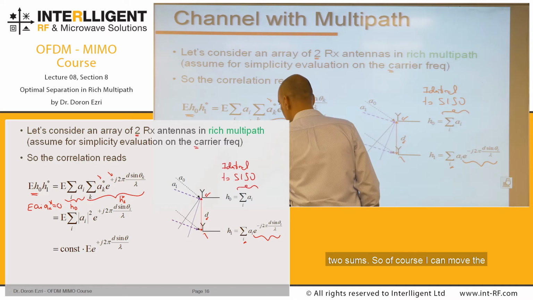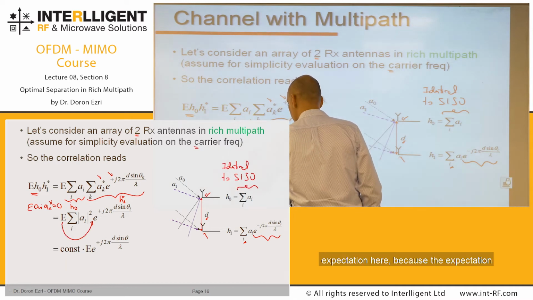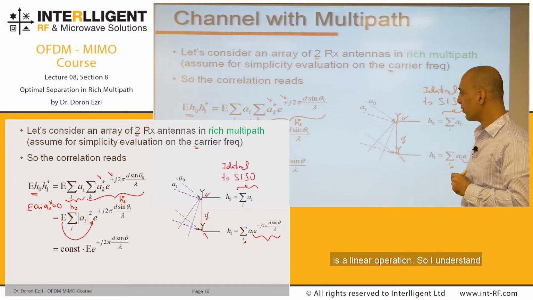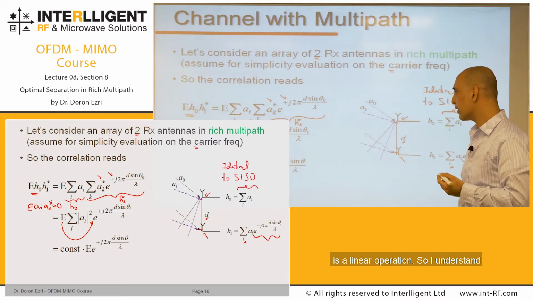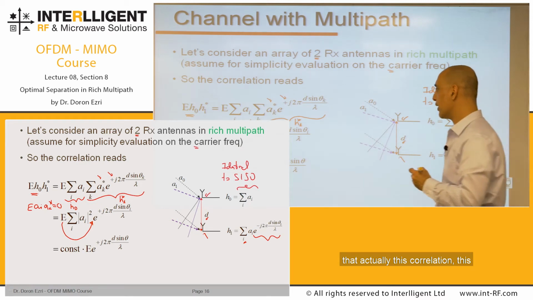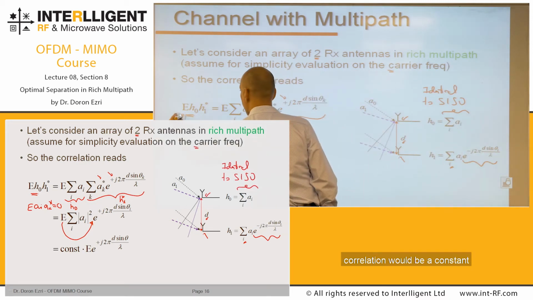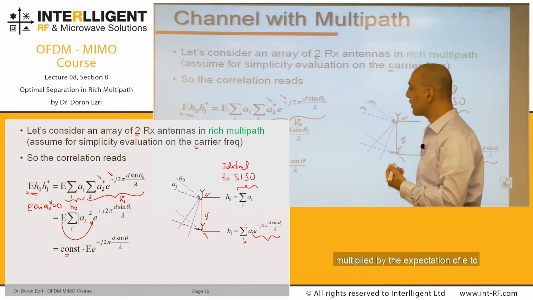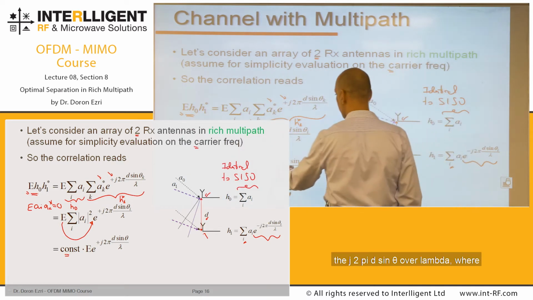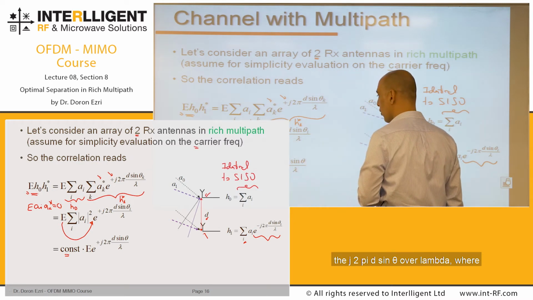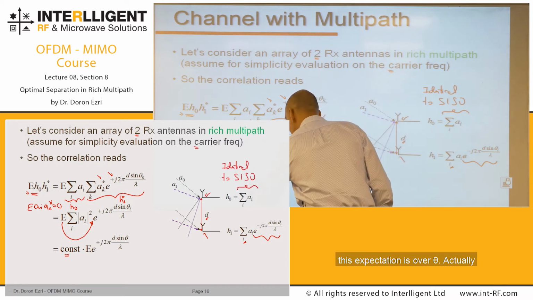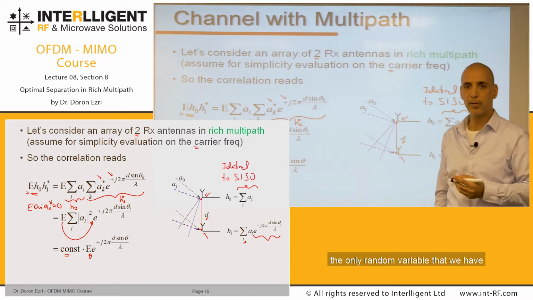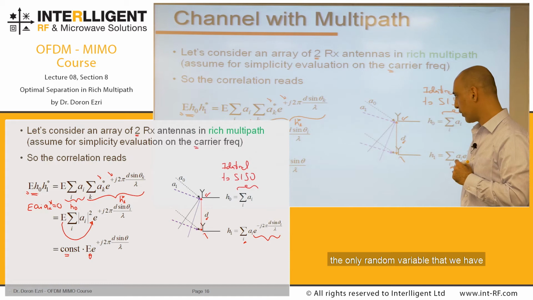Of course, I can move the expectation here, because expectation is a linear operation. So I understand that actually this correlation would be a constant multiplied by the expectation of e to the j 2 pi d sine theta over lambda, where this expectation is over theta, actually the only random variable that we have here.